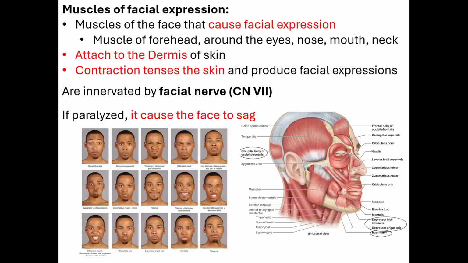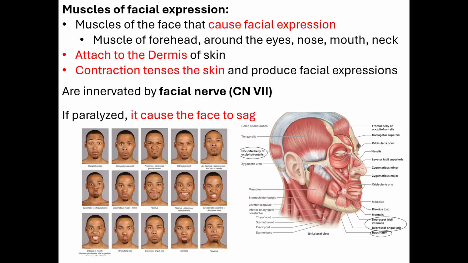That's where the muscles are attached. Especially the muscles in the face, these muscles are called muscles of facial expression. And it's very important. So you understand what a person's emotions are by just looking at them. And it happens because the muscles are attached to the deeper layers of the skin.